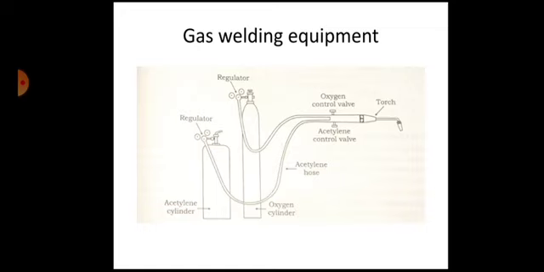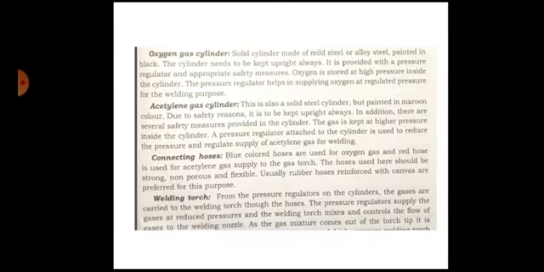The welding torch has two hoses which are connected, one to the acetylene cylinder and another to the oxygen cylinder. To control the flow of both these gases, there are regulating valves, etc. And there is a torch tip also. Okay, we can discuss one by one.